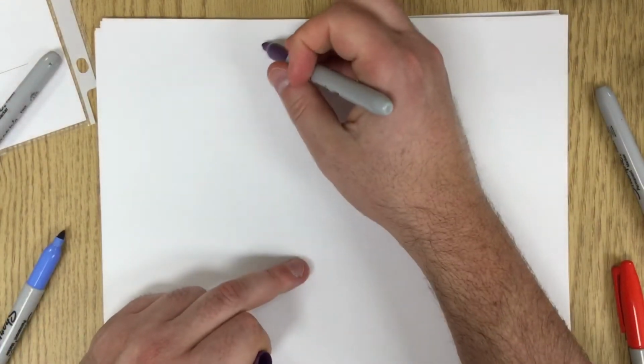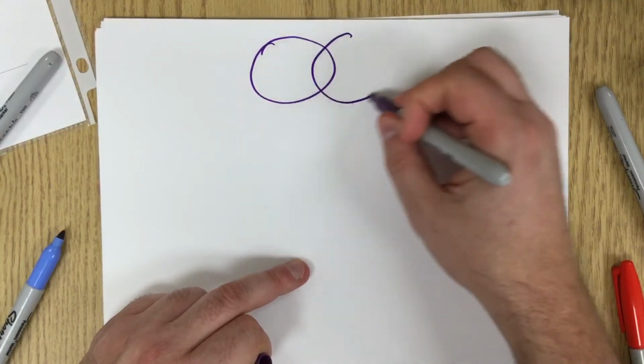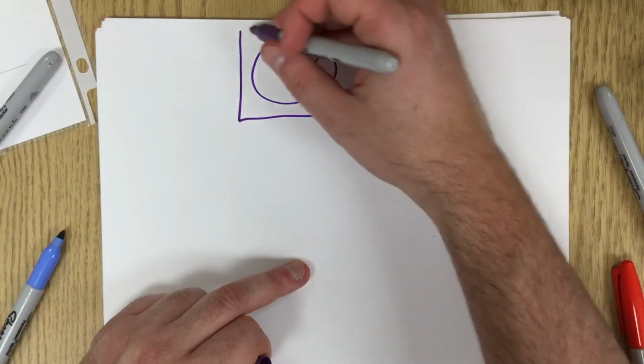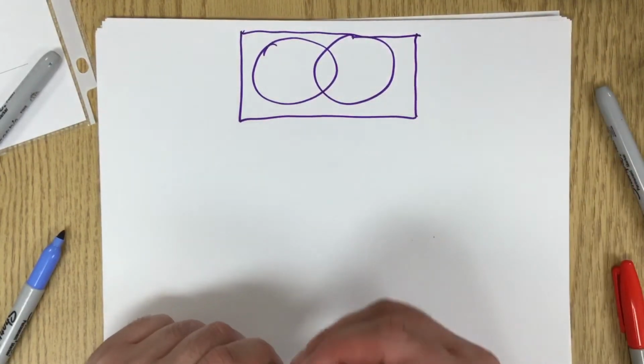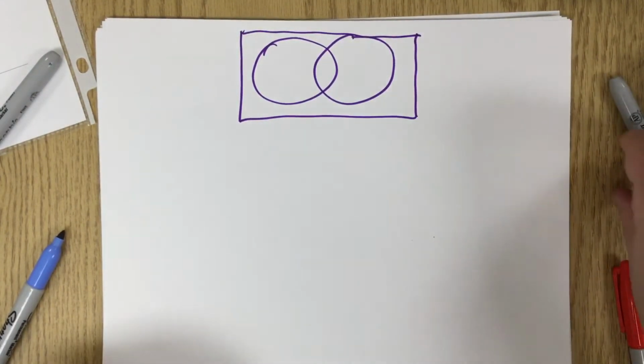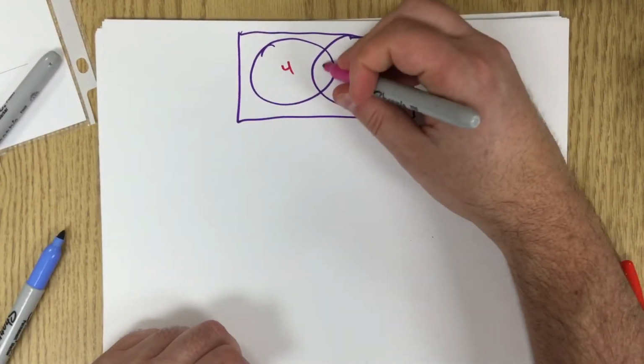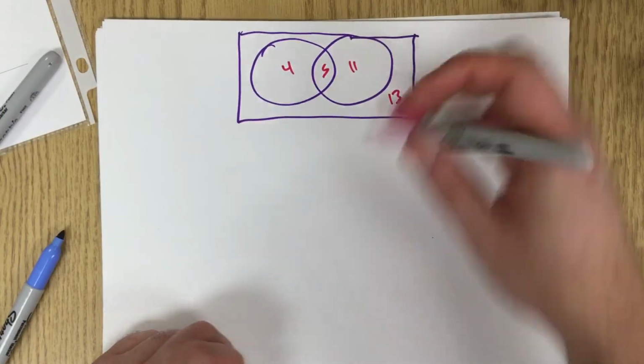So let's try a couple more. You should be maybe getting the point now. So it's 4, 5, 11, 13.